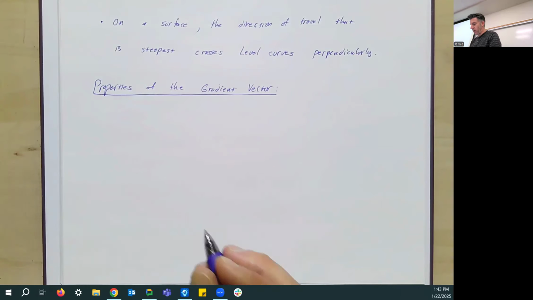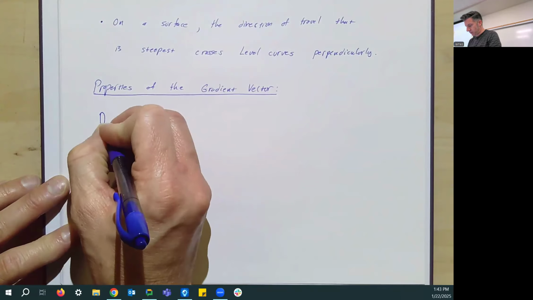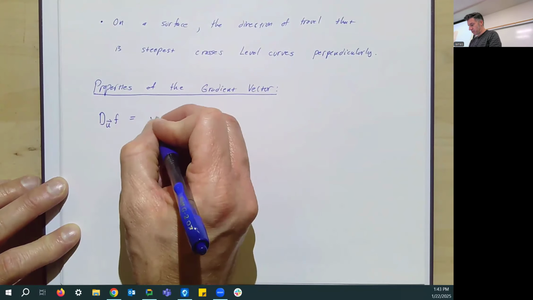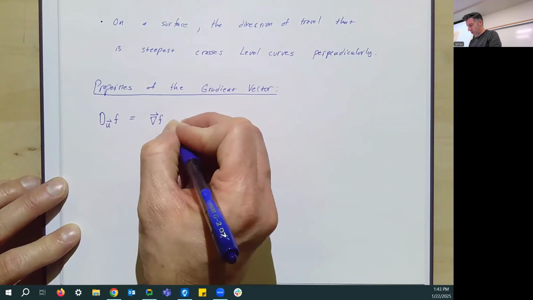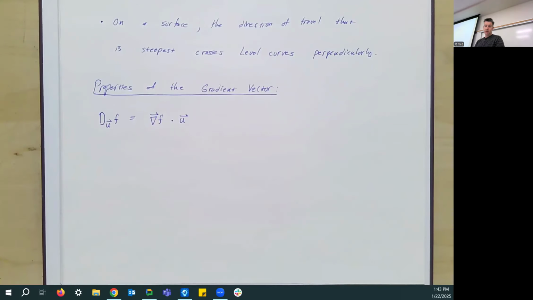Okay, so let's remind ourselves of a few things. This directional derivative, the derivative of f in the direction of u, we have been calculating as the gradient of f dotted with the direction vector u. And usually we've been calculating this in the normal way, where we take the two vectors, multiply the corresponding components together and add the results.